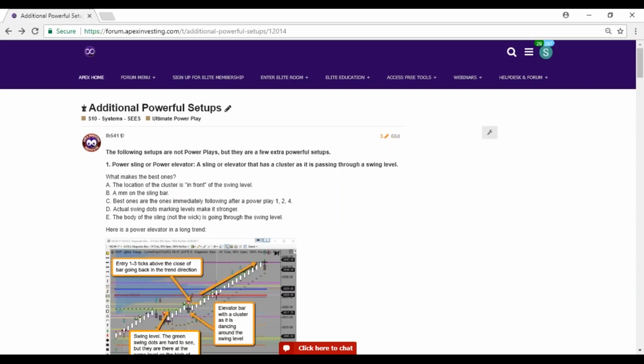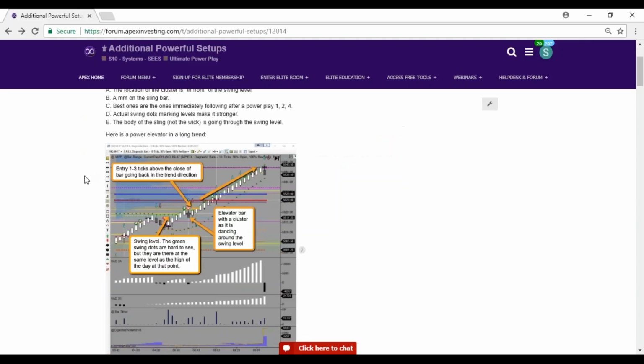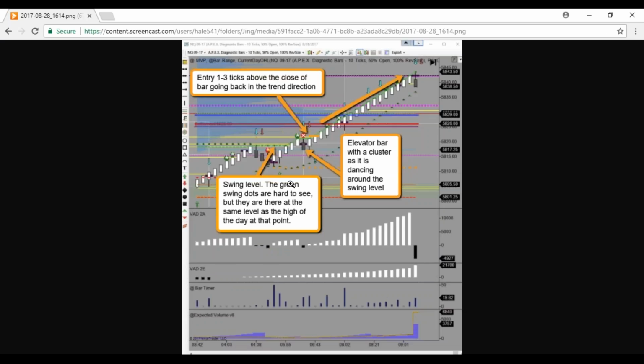That makes sense, Matt? Yeah, you want to see it after it passes through or right at that level. Keep in mind, what is a cluster? It's just a high volume area, right? If you're looking to buy and you see that it's gone through a swing level and then pulled back, you want the cluster just to be on the bar.